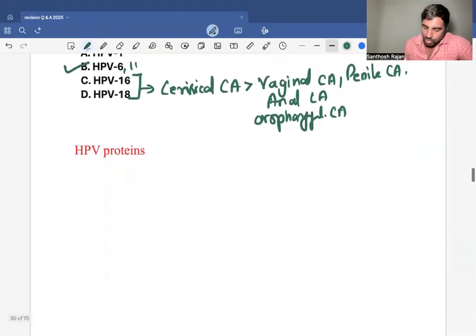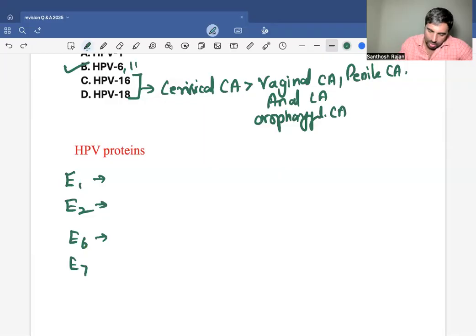Next one, HPV proteins. When we talk about HPV proteins, you know that we have E1, E2, E6, E7, and E5 also is there.